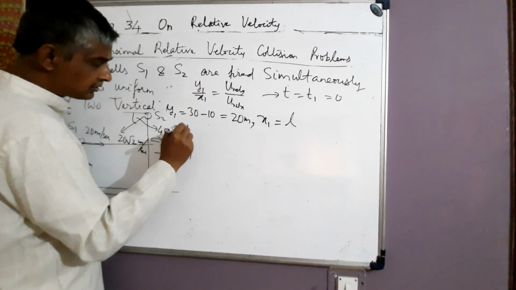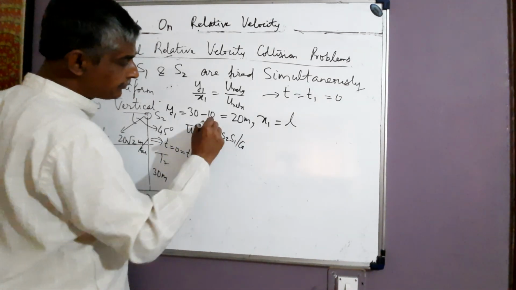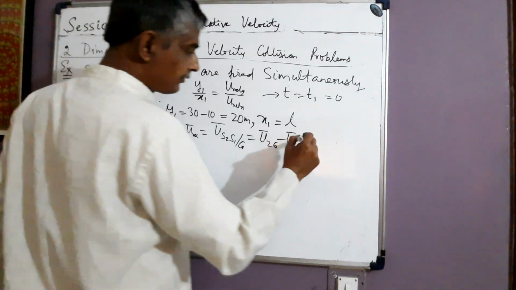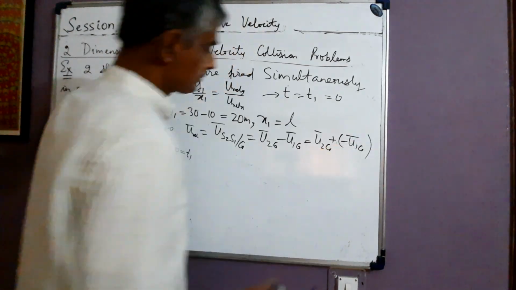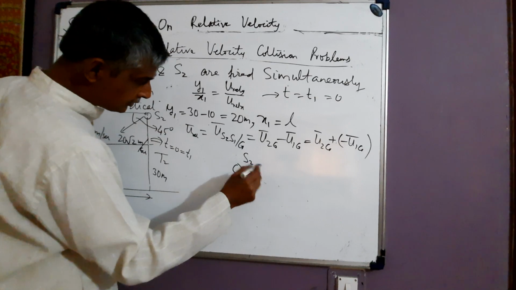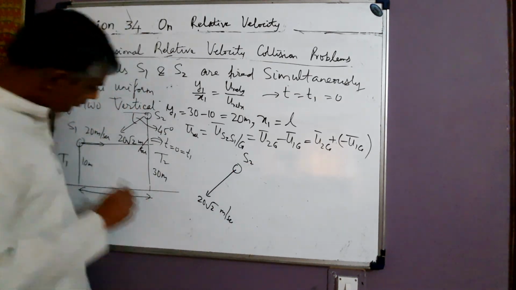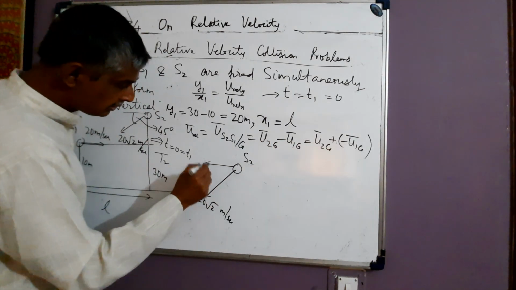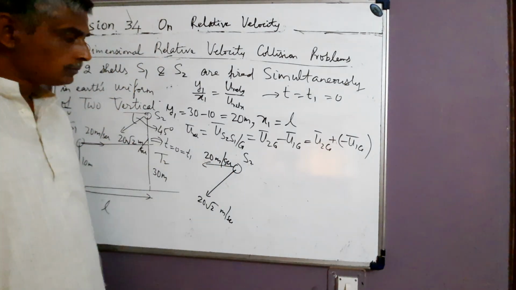So u relative, as we have just now stated, is just the relative velocity of S2 with respect to S1 in ground frame, which is simply u2g minus u1g, which is simply u2g plus reverse of u1g. Now see, this is u2g, S2 I'll draw here, this is u2g, 20 root 2. u1g is rightward 20, so reverse of u1g will be 20 left.